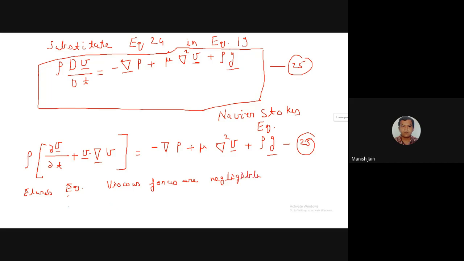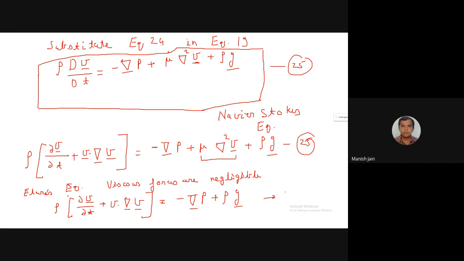So when viscous forces are negligible, Euler's equation will become del v by del t plus v dot del v equal to minus del p plus rho g. The viscous term will be eliminated. So this is Euler's equation.